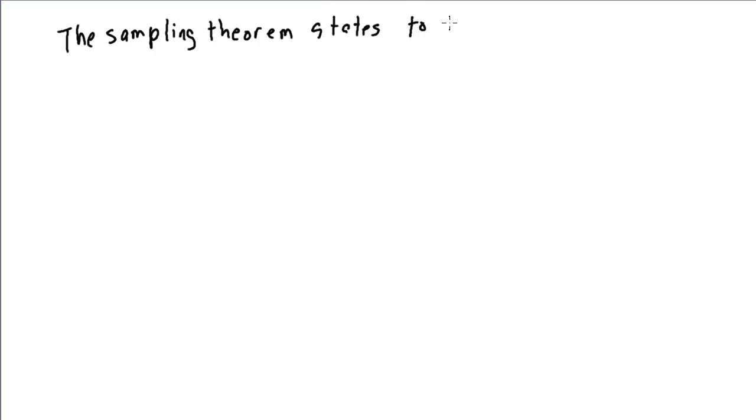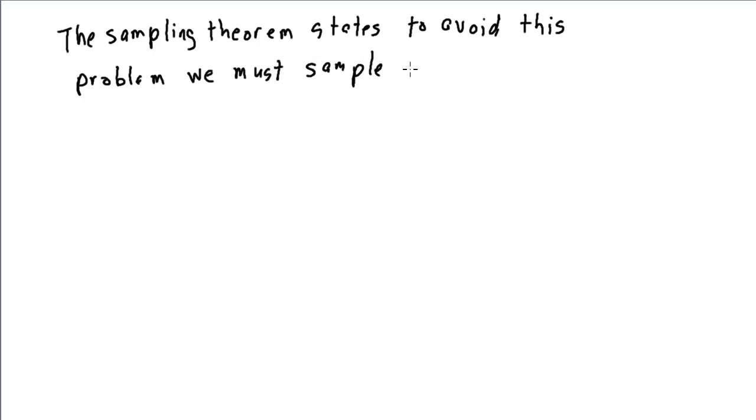To avoid this problem of sampling and getting indistinguishable sequences, we must sample at a rate at least twice the highest frequency.